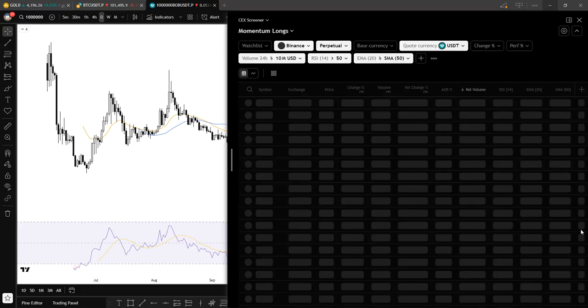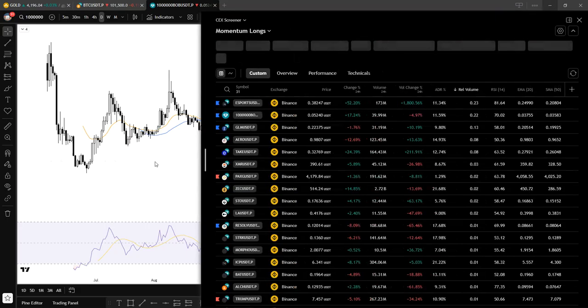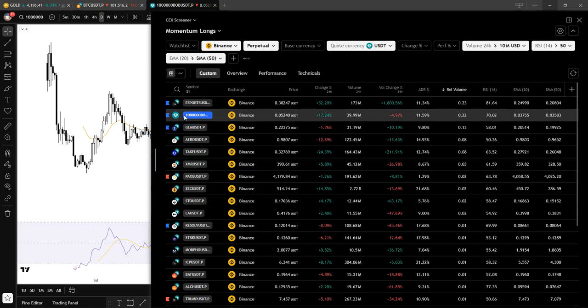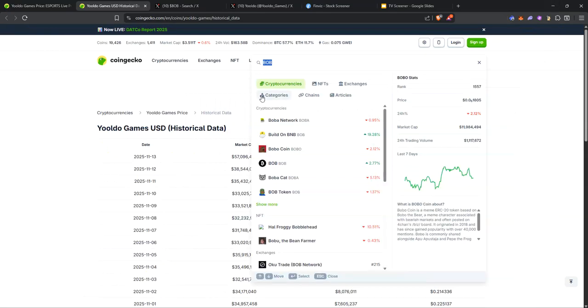Which Bob is it? Another clue I use is the symbol. Sometimes I cross-reference using the logo. So for GLM, I'd look for this logo. But Bob doesn't even have a logo for me to go off, so I don't even know.